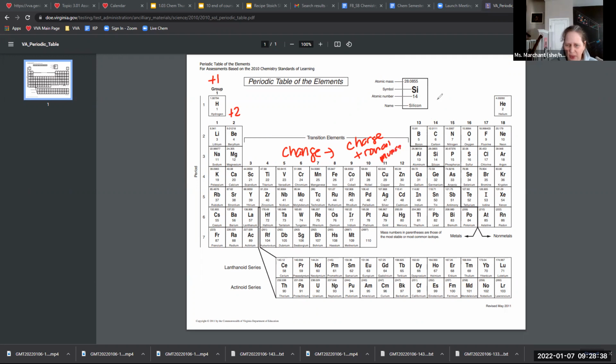Okay, the charge is the Roman numeral, +3, plus or -4, -3, -2, -1, and 0, because those are the noble gases. They don't like to react, so they stay neutral. They do not go into their ion state. Positive ones are cations. Negative ones are anions. 0 charge are atoms.